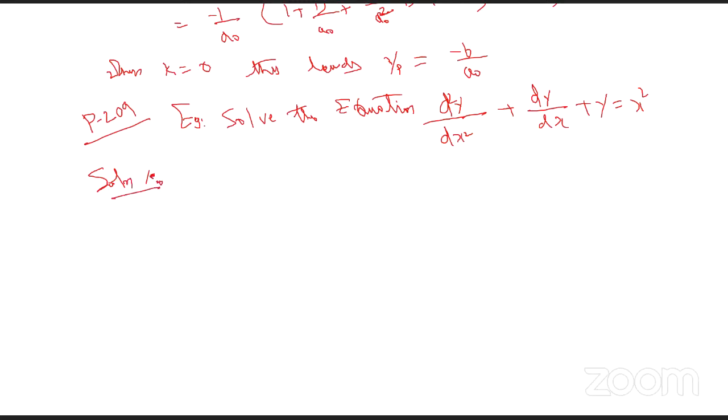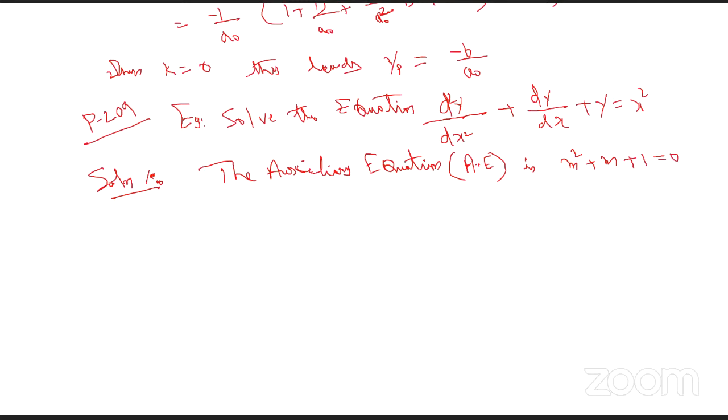The auxiliary equation of the given equation, I am putting in abbreviated form as AE, auxiliary equation, is m square plus m plus 1 equals 0.